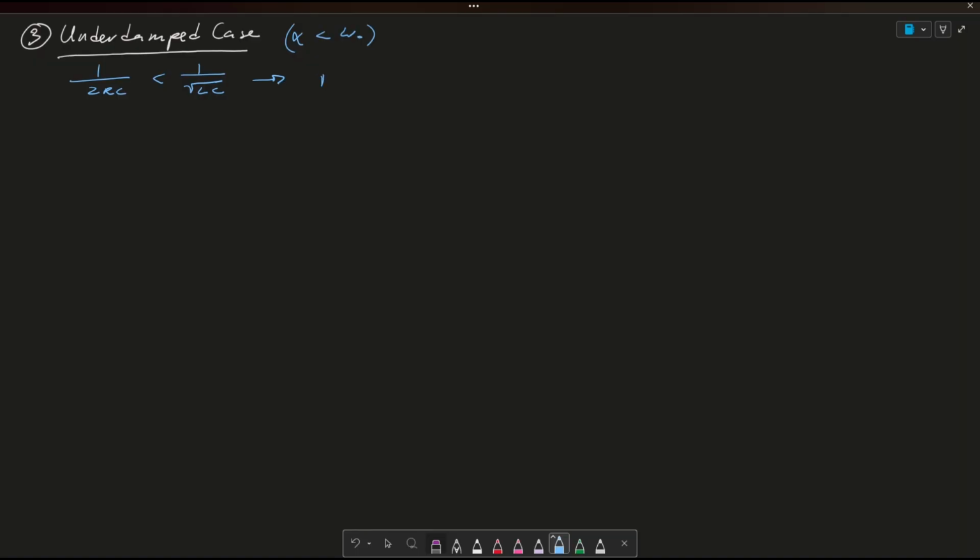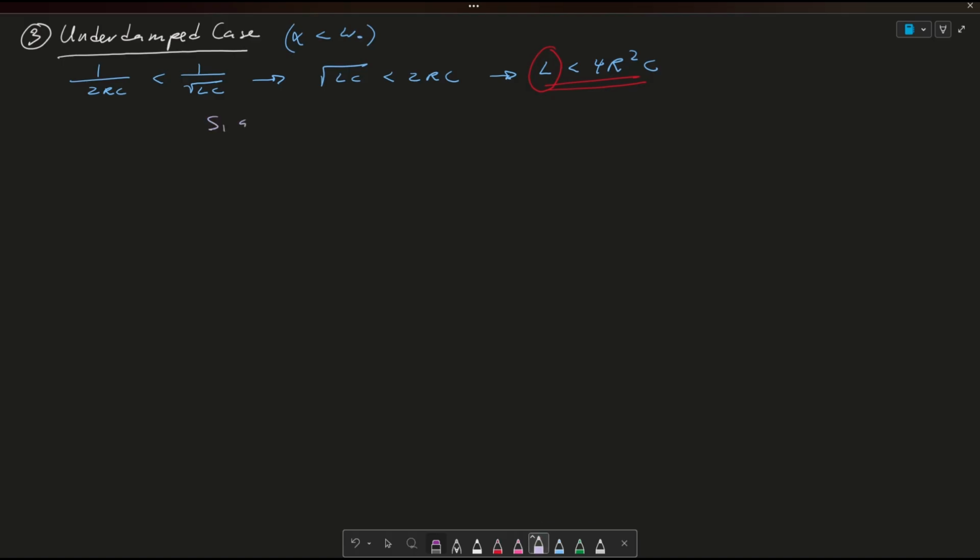Then the square root of LC is less than 2RC, so L is less than 4R squared C. If we remember from the beginning of the video, whether L is less than or greater than 4R squared C determines if we have the underdamped case or the overdamped case. As a result, that's why we consider it to be critical.